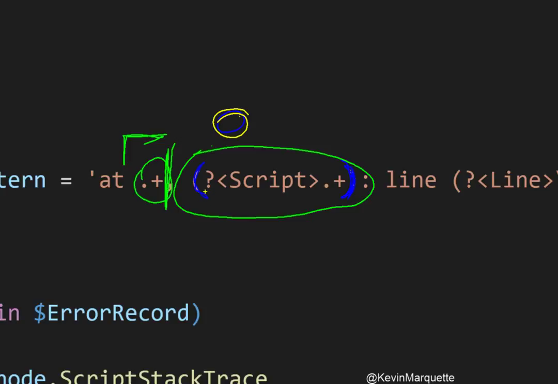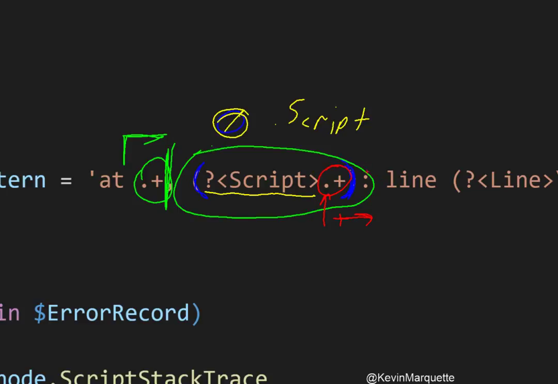What I'm doing on the inside here is I call this guy a named match. That means instead of doing /0, I can actually do .script to access this named match. And then again here I'm saying give me any character, and give me as many as possible until the delimiter.